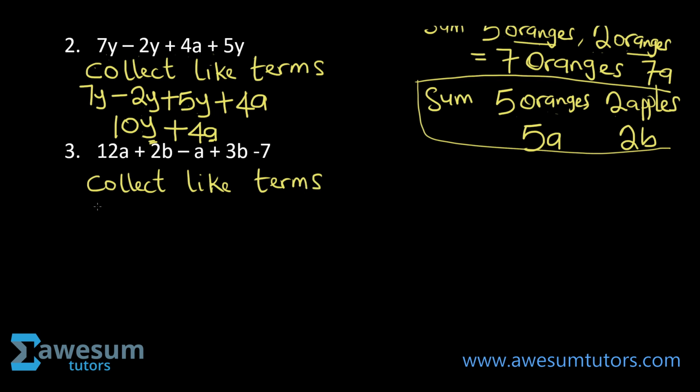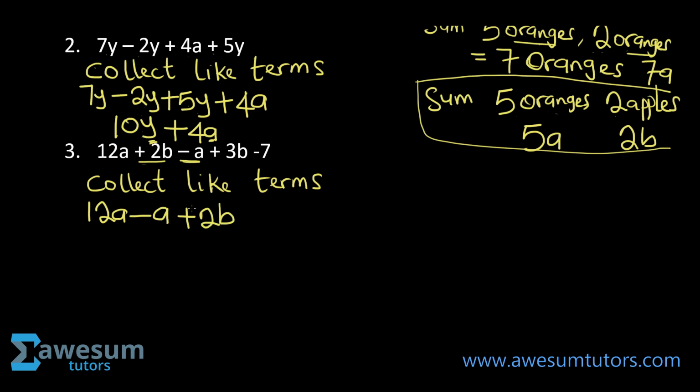This is 12a. Which one also has a as the variable? This one right here, this is negative a. I bring it right here. Is there any other term that has a as the variable? No. Another one that we have is positive 2b right here. So I'll bring this right here.